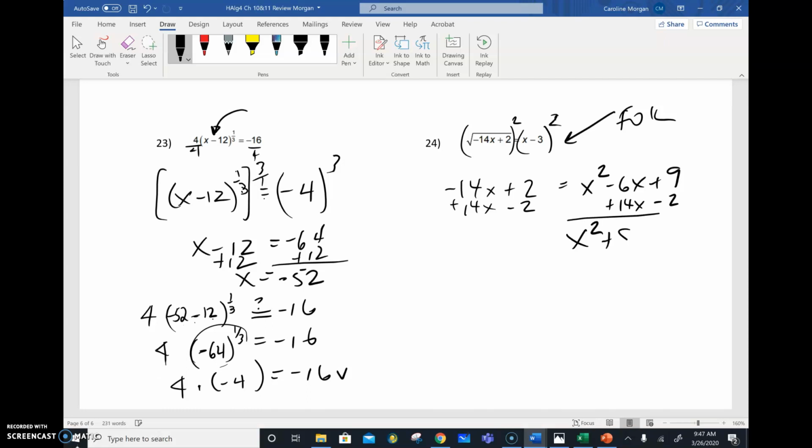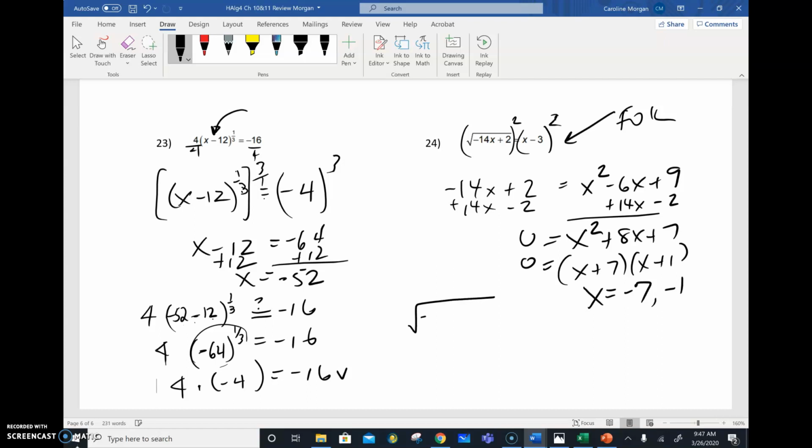All right. Oh, this is nice. I can factor this. So x equals -7 or -1. But now I have to see if these work, right? So I'm going to check -7. -14 times -7.